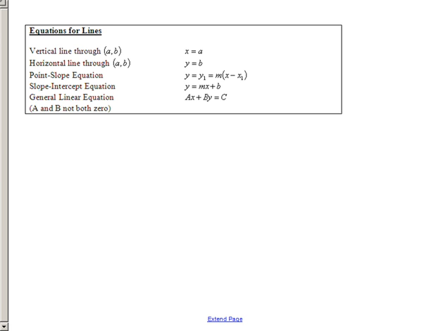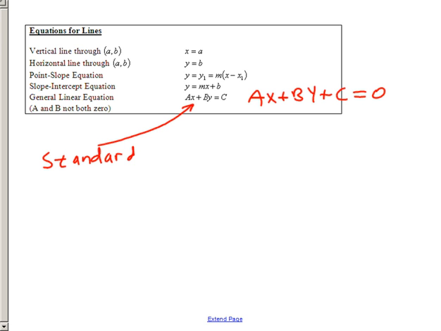Also, they say in the book that the general linear equation is ax plus by equals c. I prefer for you to remember the general equation as ax plus by plus c equals 0. This is actually standard form. And this is the form that we put it in when we want to eliminate.